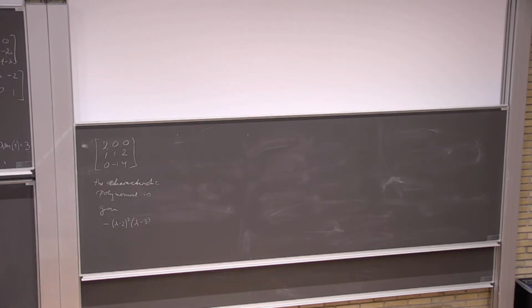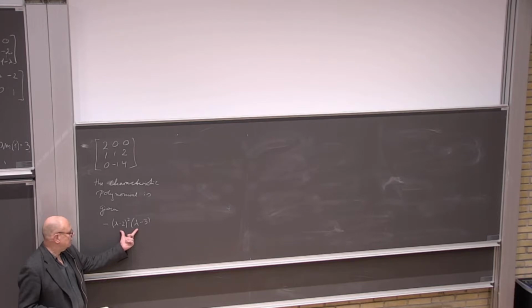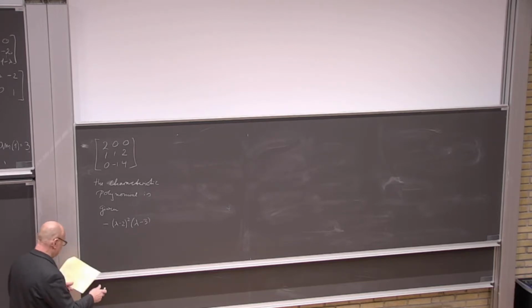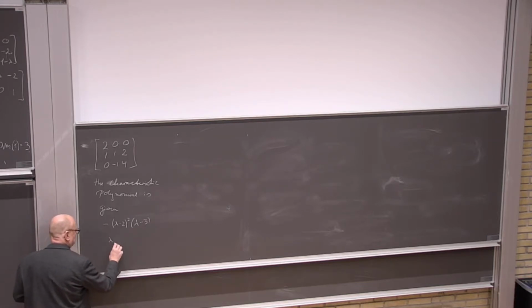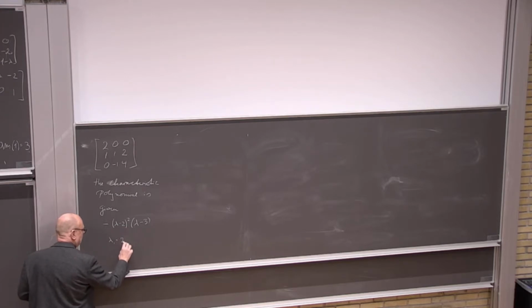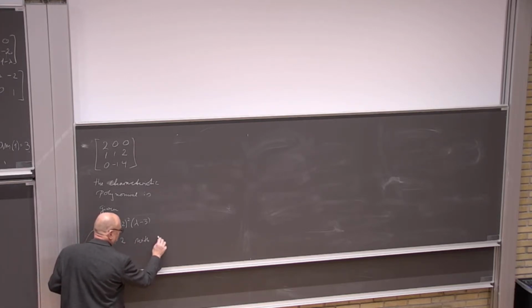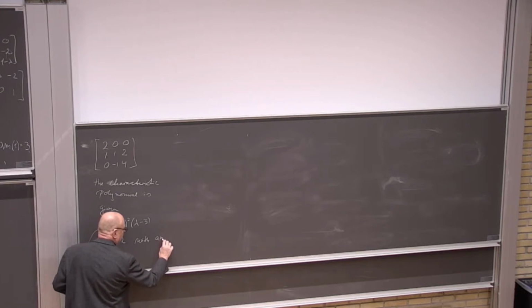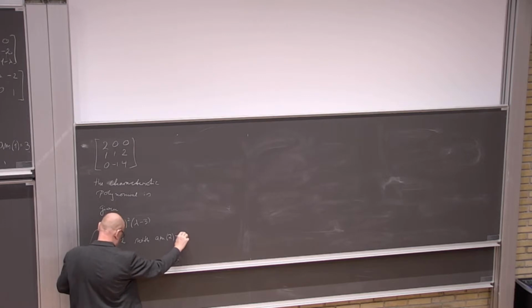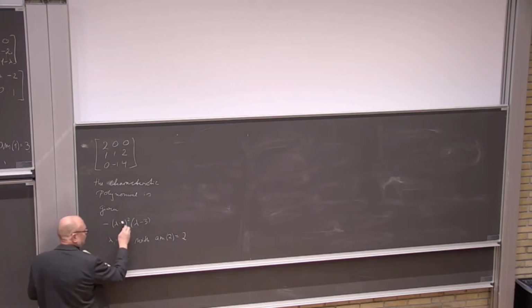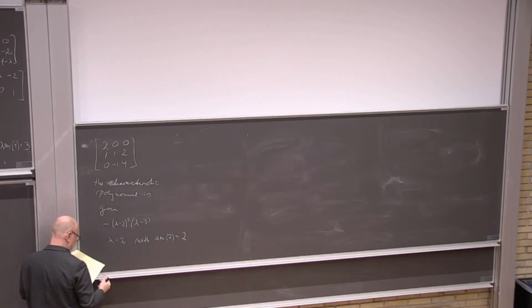And you can immediately read the eigenvalues because this polynomial is completely factorized. So you get that lambda 1 is 2, and it has the algebraic multiplicity equal to 2. There are 2 factors.